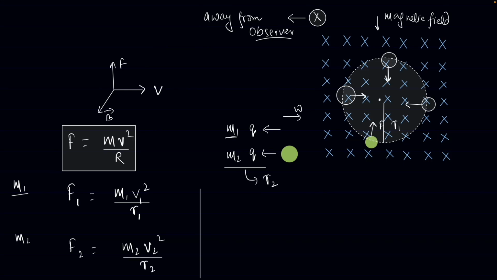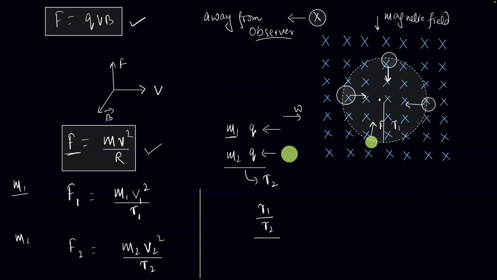Now we have to find the ratio of r1 by r2. This force is our centripetal force, and it is formed due to the motion of the charged particle and the presence of the magnetic field. So we know that F is equal to qvB. So this is our one relation and this is another relation.